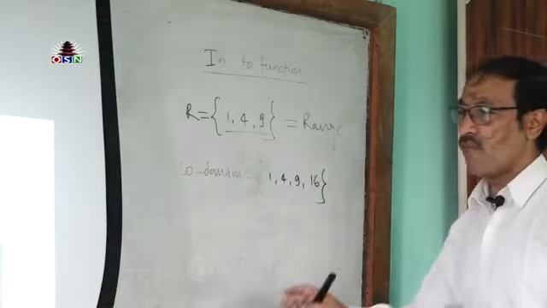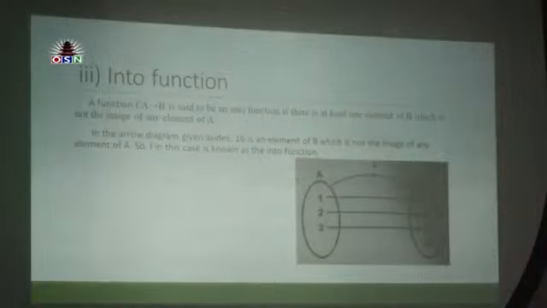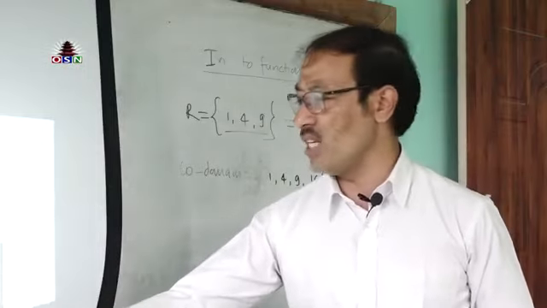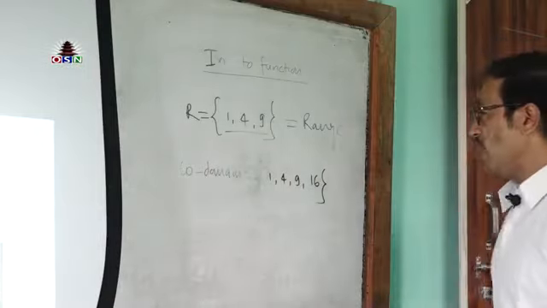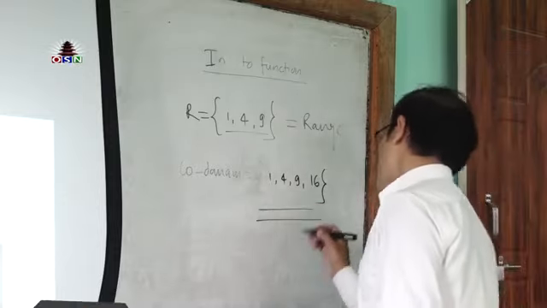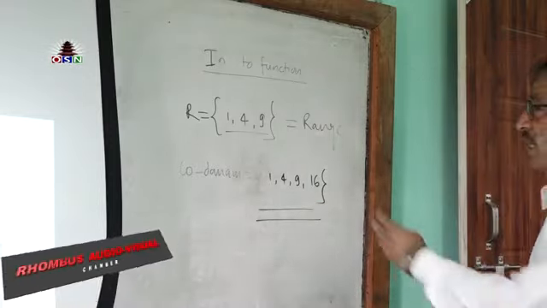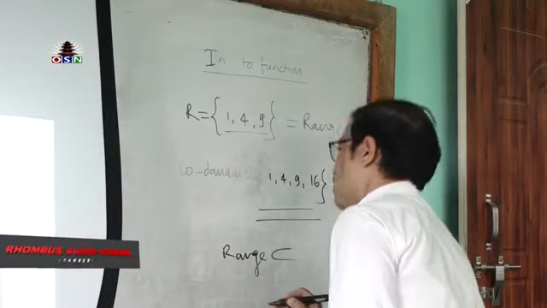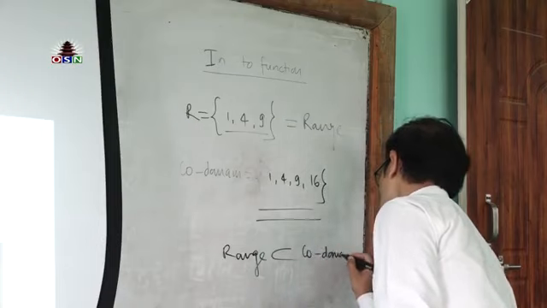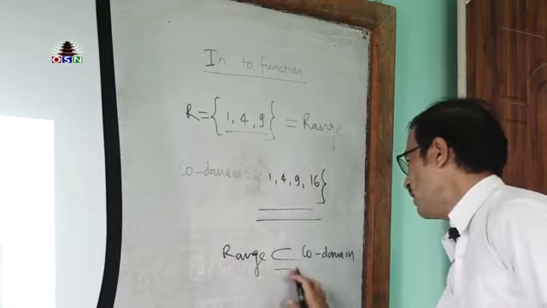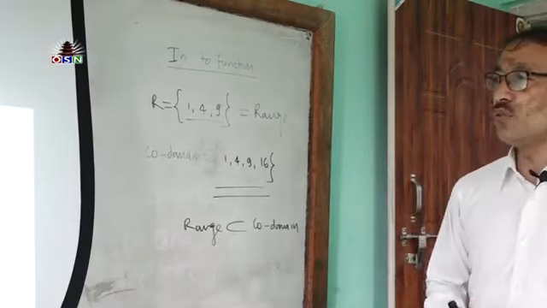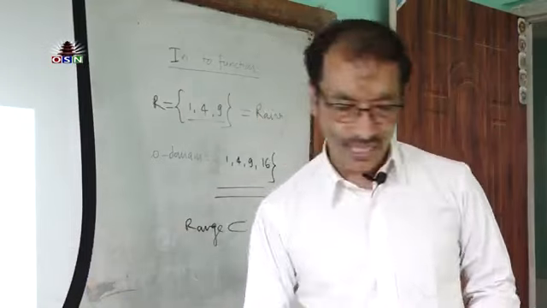For example, 9 has its pre-image 3, 4 has its pre-image 2, 1 has its pre-image 1, but 16 doesn't have its pre-image. But when you make a collection of all those elements in the second set, that is called codomain. You just compare them. Here range is a subset of codomain. That's why this type of function is called into function. Please, you can see it in the definition also.